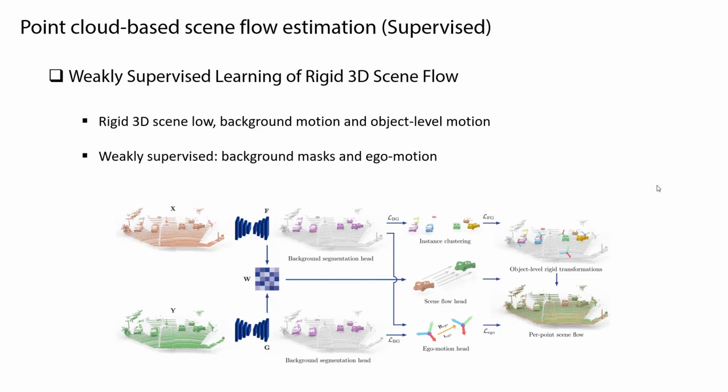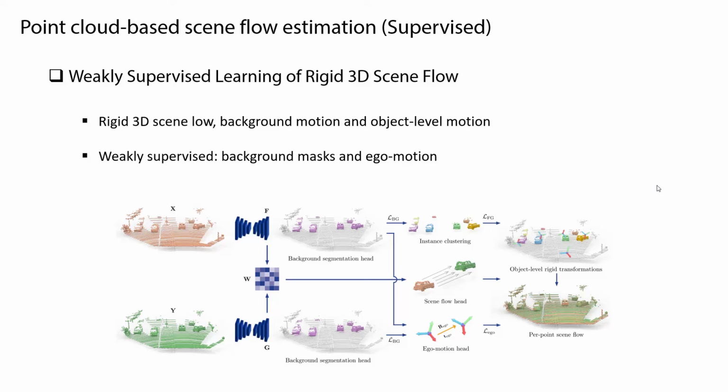Another observation of this work is that most dynamics are attributed to rigid object motion. So instead of estimating per point motion, they just need to estimate the background motion, which is induced by the ego motion, and object level motion. That's a very sensible idea, especially for vehicles in autonomous driving.